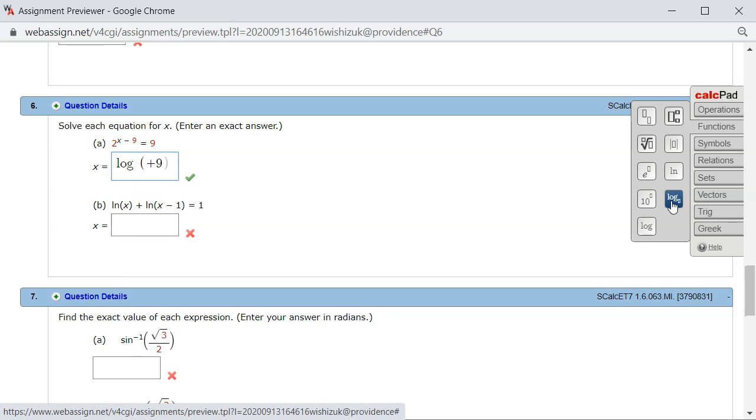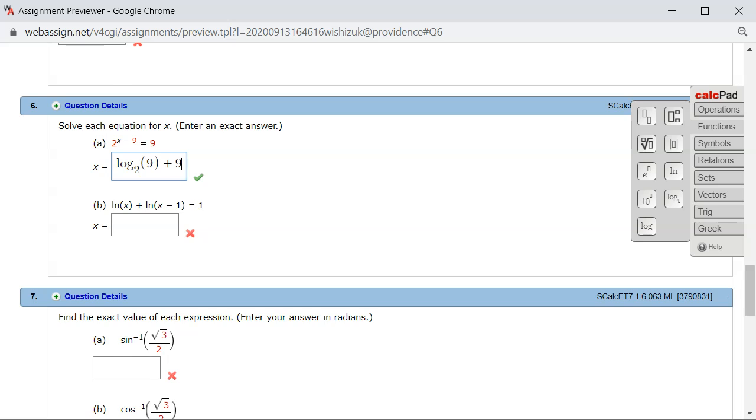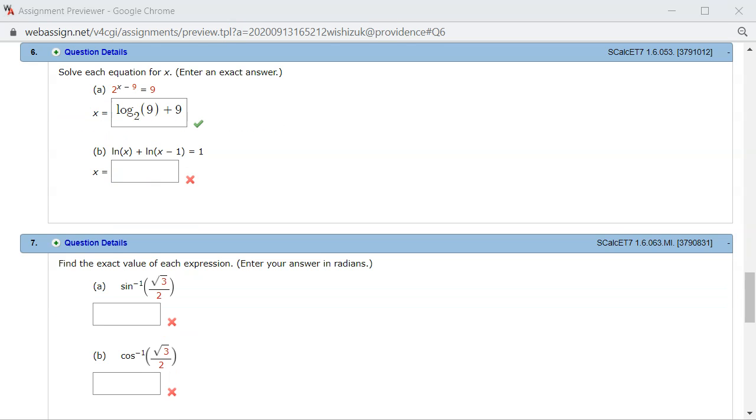Here's a log to the base 2 of 9, and then plus 9. This is exactly the same thing, so let's check the answer again. It came back and the system accepted that answer as correct as well.